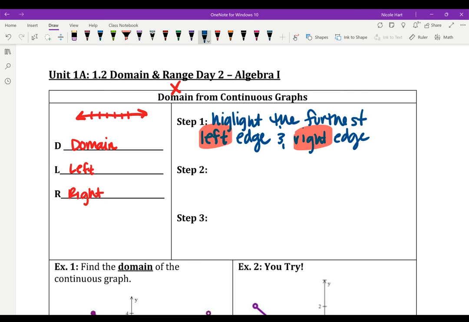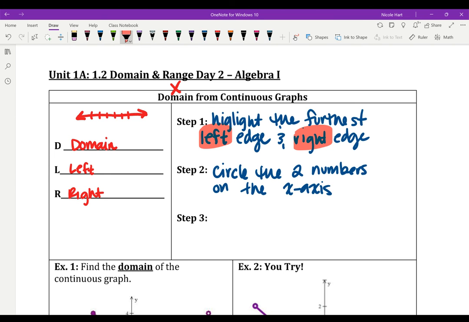Our second step is going to be circling the 2 numbers on the x-axis, circling the 2 numbers on the x-axis.